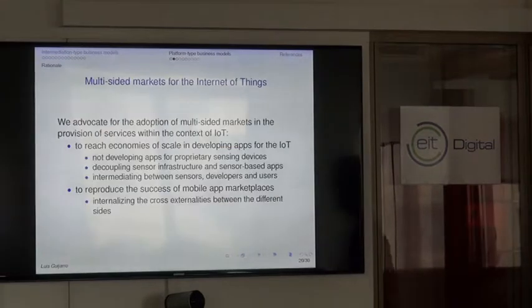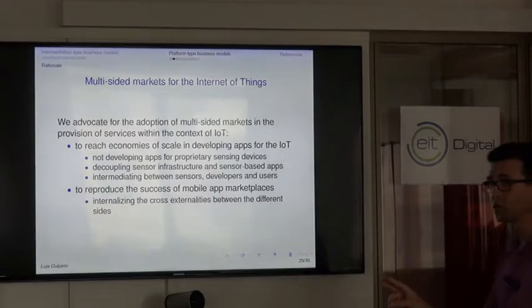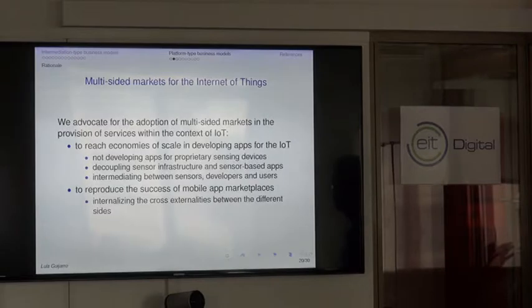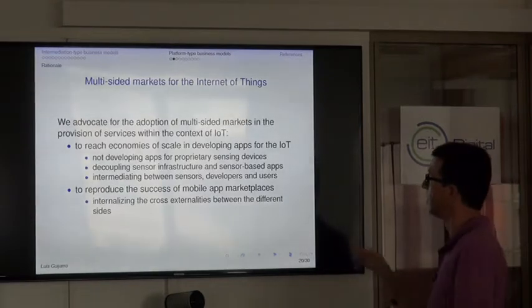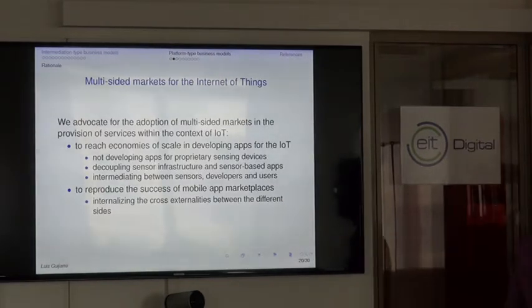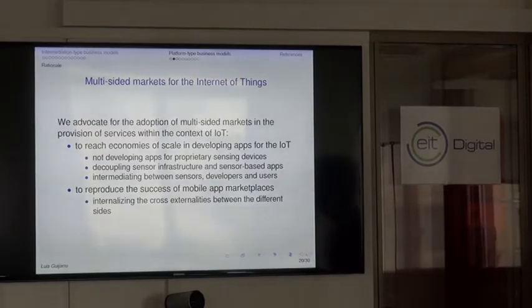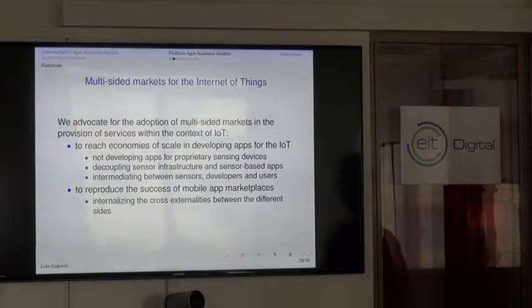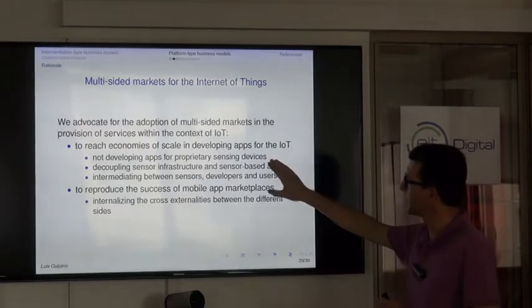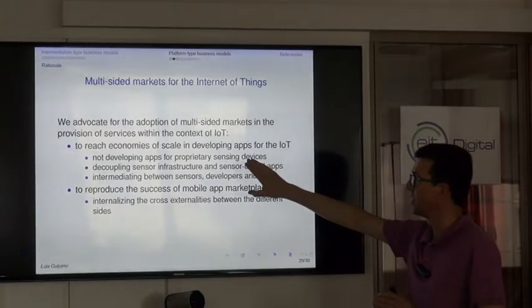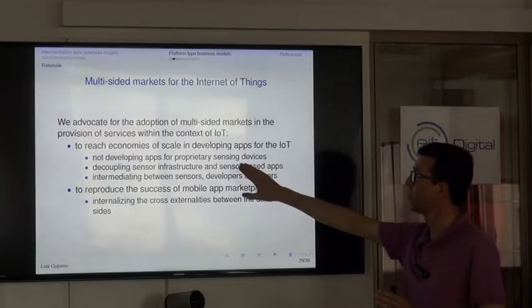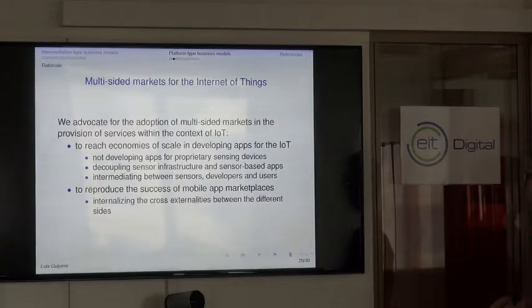So I'm here presenting not a two-sided, but a three-sided platform business model within the context of sensor networks, within the context of Internet of Things. The problem with the services within the context of Internet of Things was that, of course, most players are no longer developing apps for their own sensing devices.